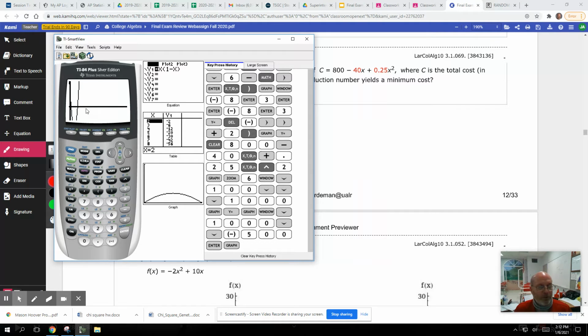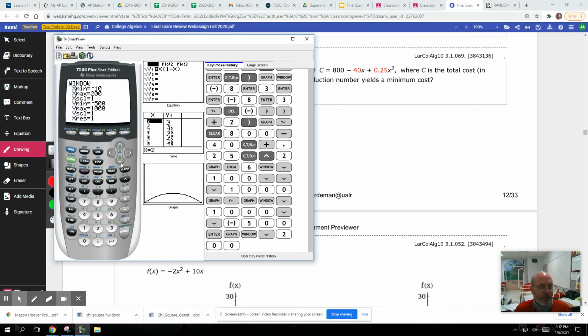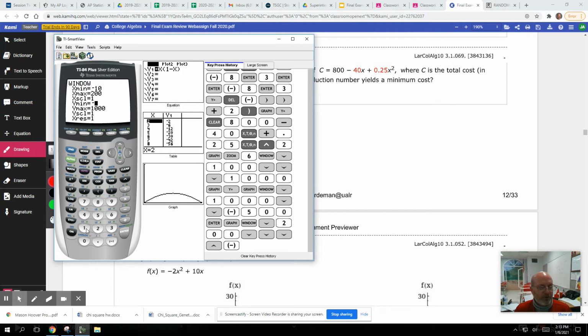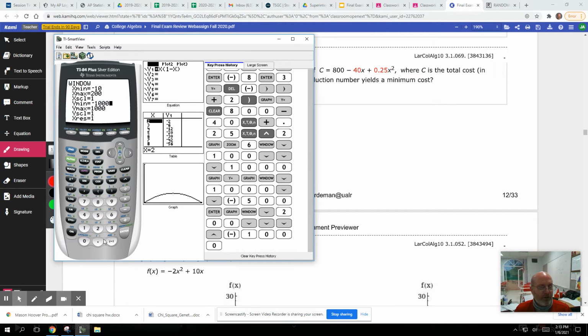So we're going to reduce the x max and lower the y min. I'm going to hit the window again. I'm going to make my x max 200 this time instead. And let's go to our y min, let's go negative 1,000 and see if that does us any good. Now we'll hit graph.